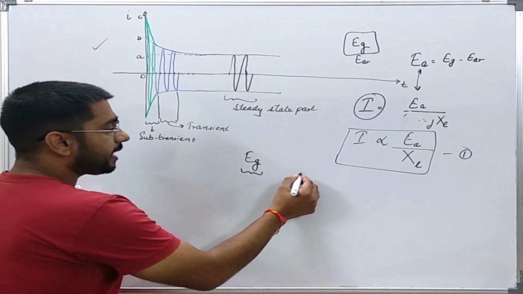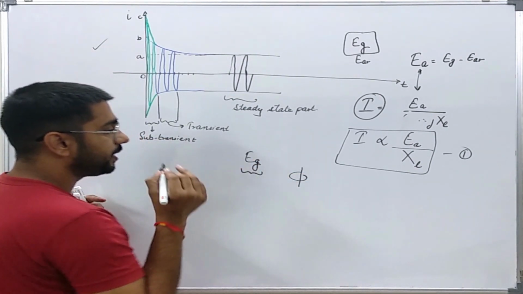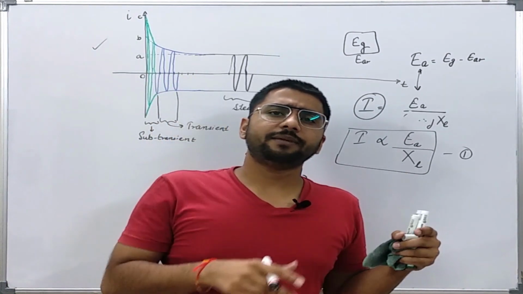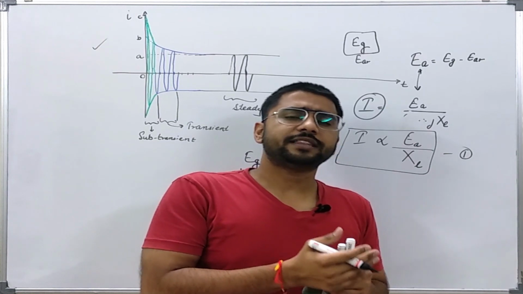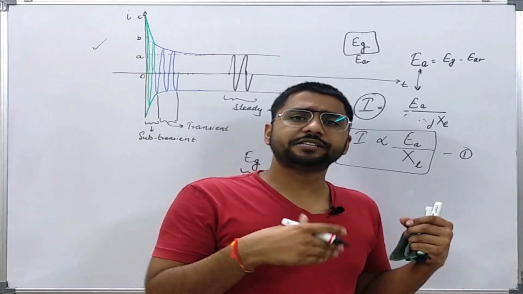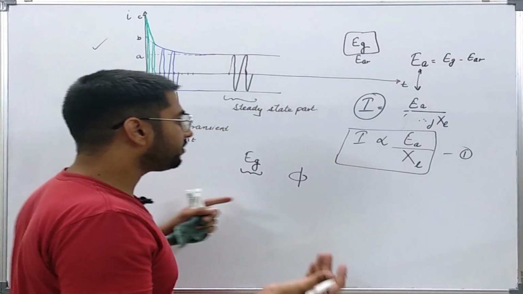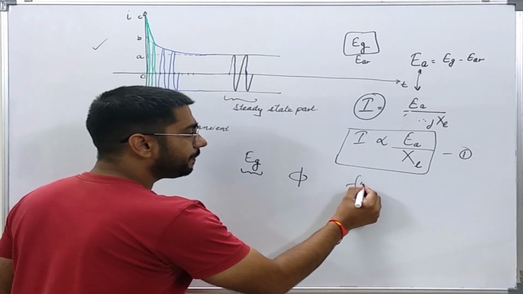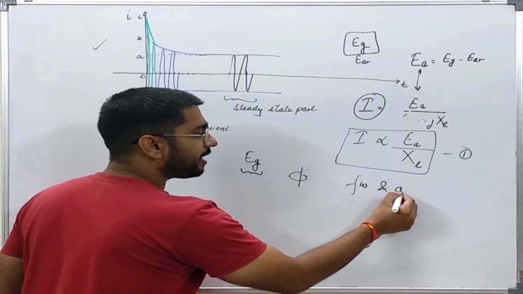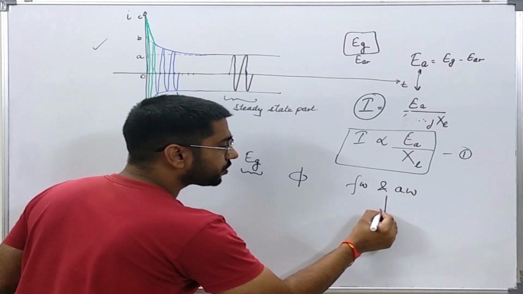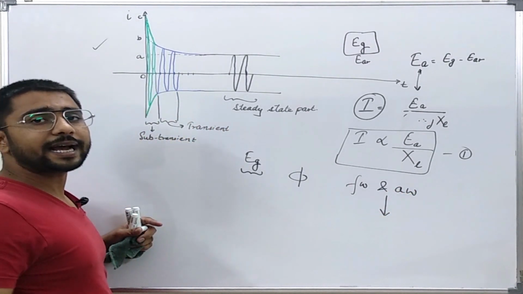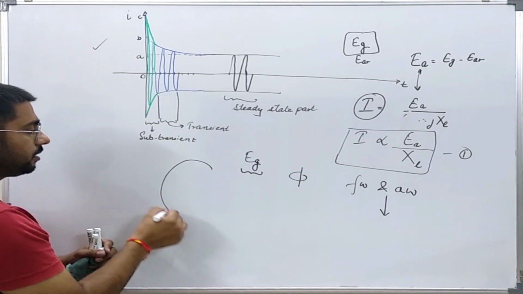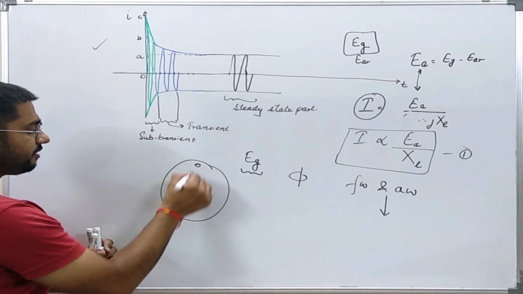The air gap flux phi will try to remain constant, but there might be some saturation also, and there will be increased leakage flux. So because of that, the flux linking the field winding and the armature winding will reduce from the actual initial value.